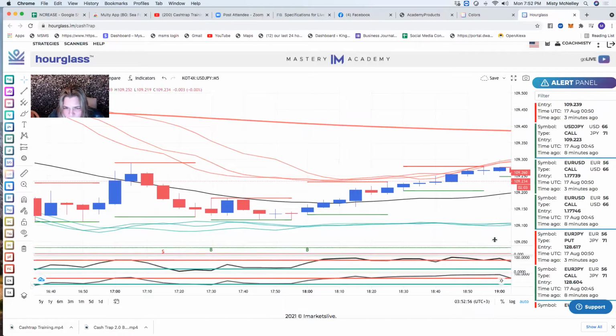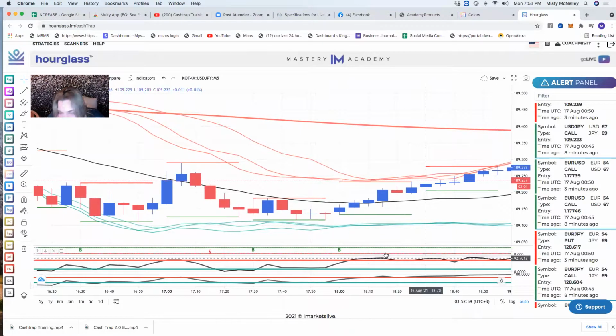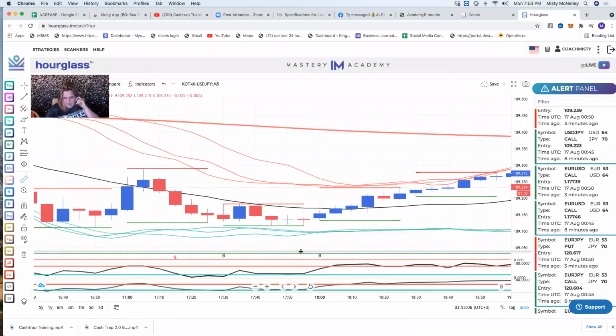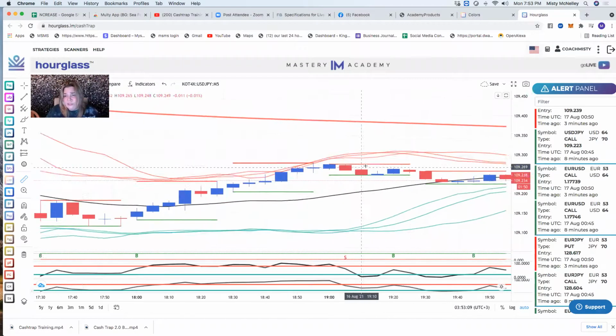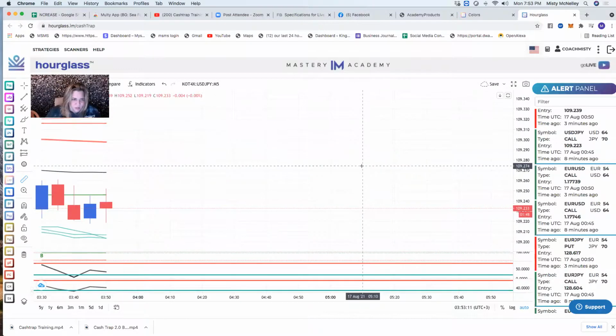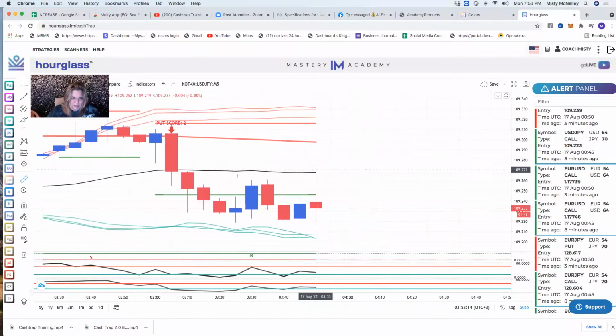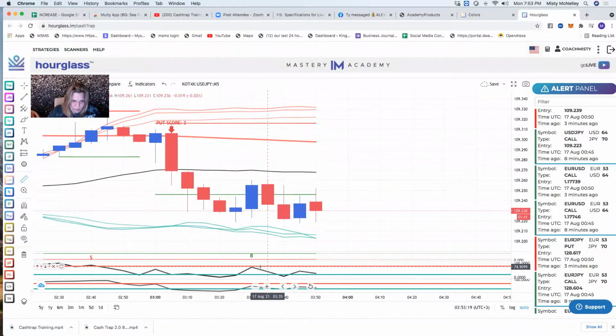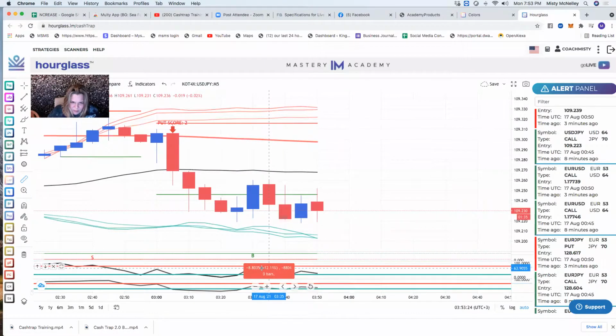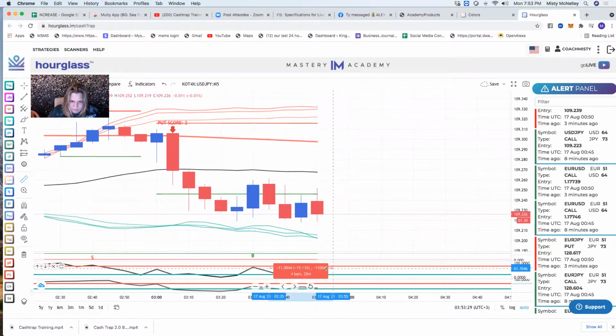But what he is saying is to get your ruler and go down 9. Well, it does it for us. So we would wait for price to come down to about right there, past that, and then we would enter.